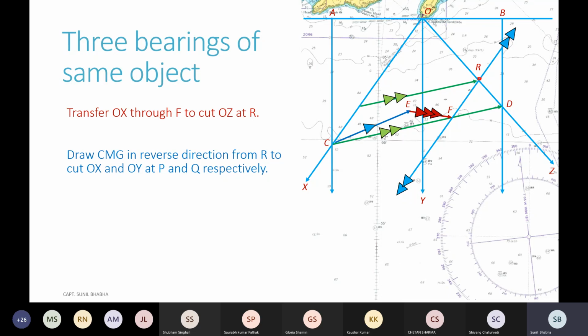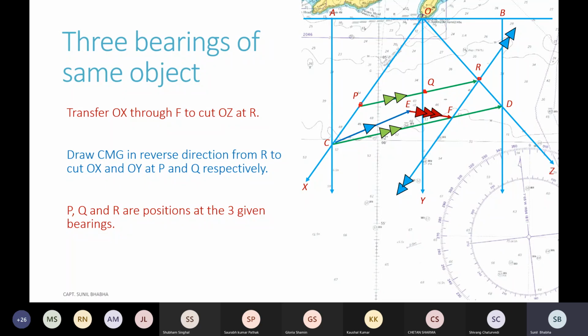Let's name the point where it cuts the first bearing line as P. You can see this P point on the chart. And let's name the point where it cuts the second bearing line as Q. You can see Q point also on the chart now.